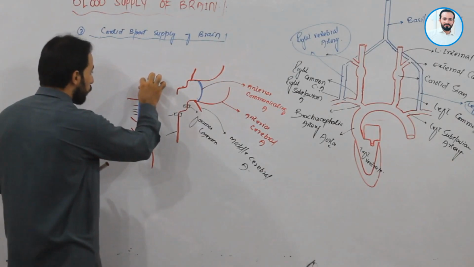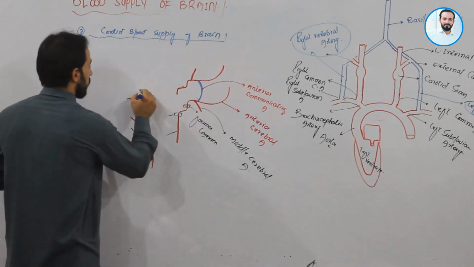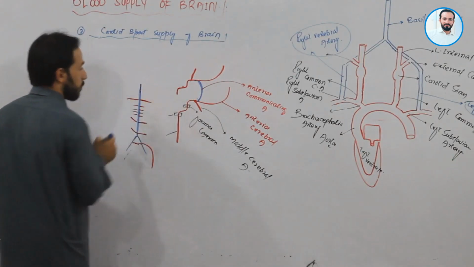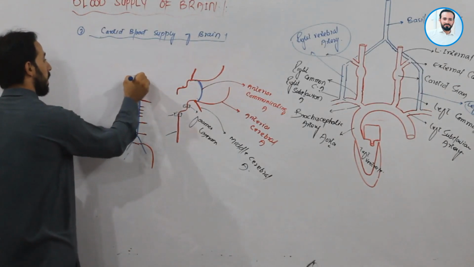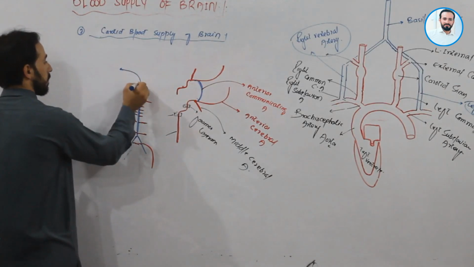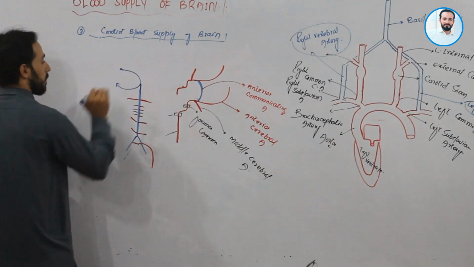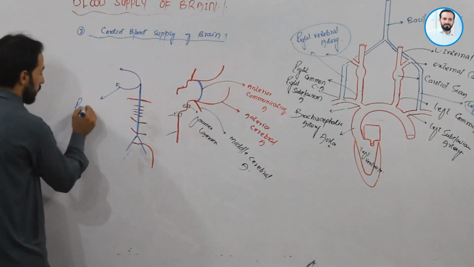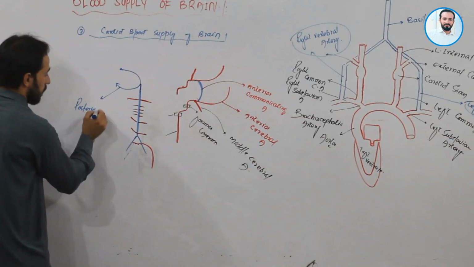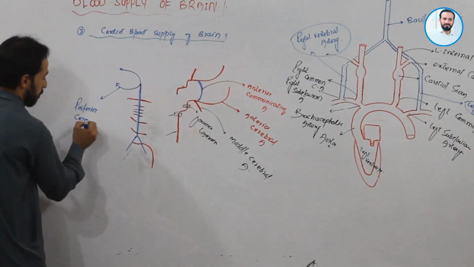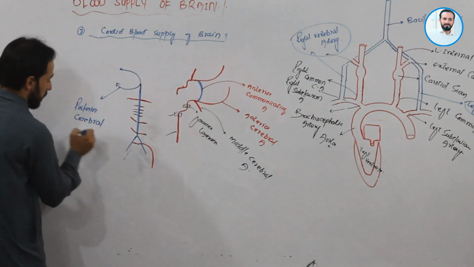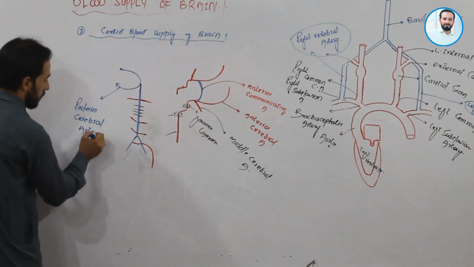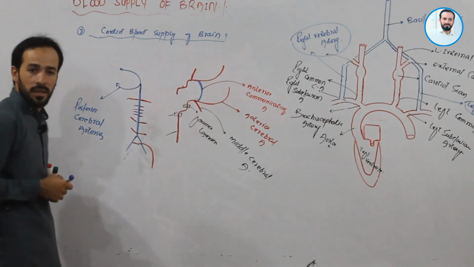And you know well that when the basilar artery is moving up, it bifurcates like this, right? And these two arteries are the posterior cerebral arteries, clear friends, posterior cerebral arteries.